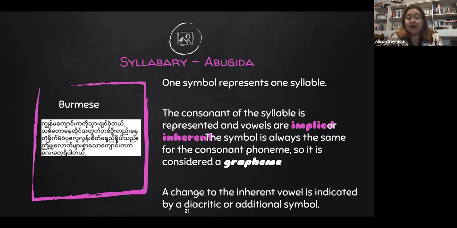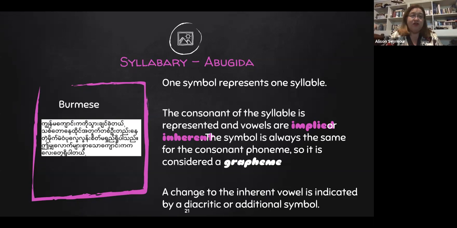And again, like the Arabic or the Semitic alphabets, the consonant is represented. So the vowels are what they call implied or inherent. So if you had a syllable representation, unless otherwise specified, it has a vowel which automatically goes along with it.